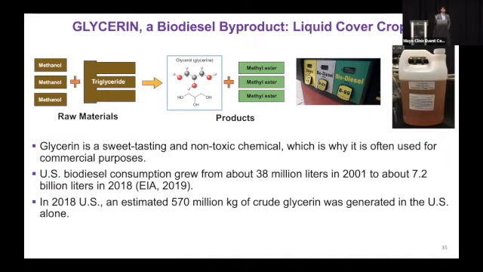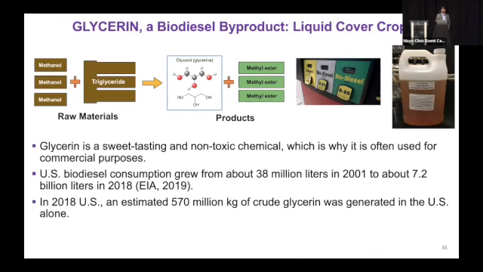Previously, in World War I and World War II, people were using glycerin for TNT, or trinitrotoluene, which is an explosive. Now we have a huge biodiesel industry where we are producing a lot of biodiesel, and at the same time there is a byproduct, which is this glycerol, a hydrocarbon, or in simple words, a carbon-based material.